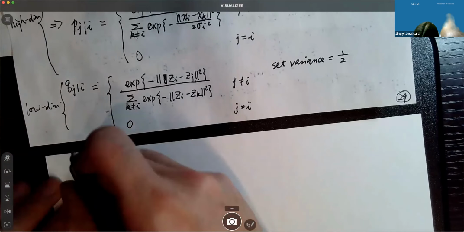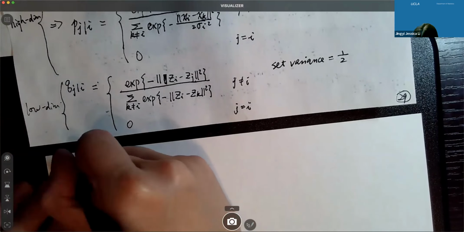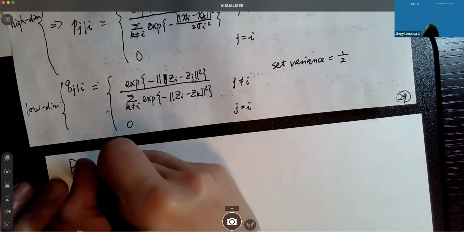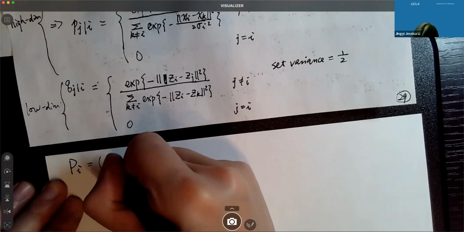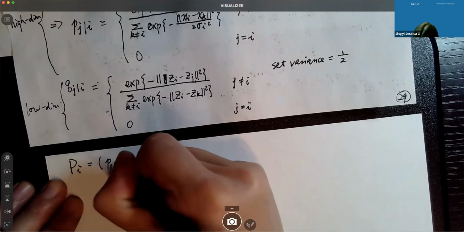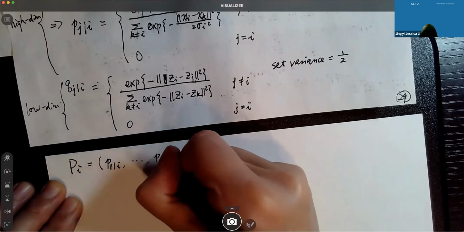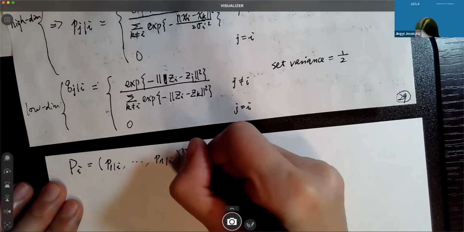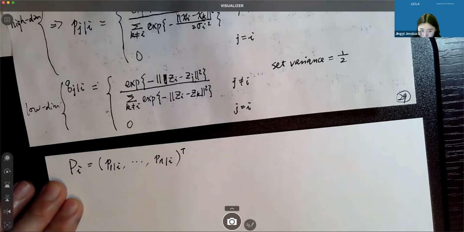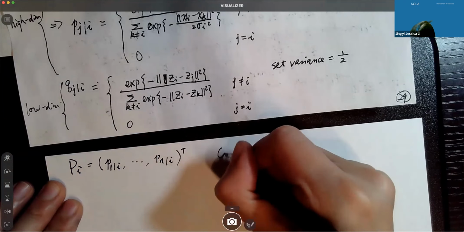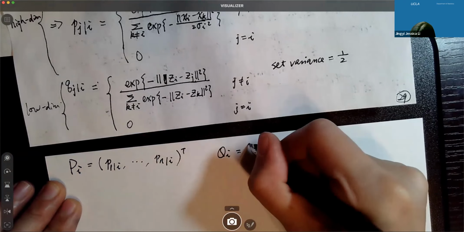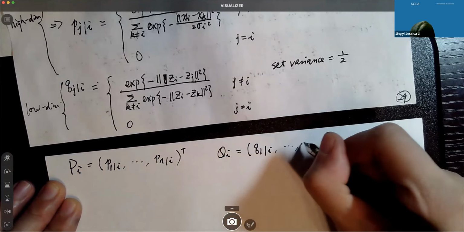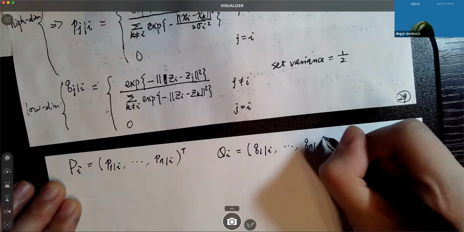So we define the vector P_i, capital P_i, basically as the vector of the probabilities 1 given i to n given i, right? We let j vary from 1 to n. It's a column vector, so I put the transpose here. And Q_i is for the low dimensional space, q_1 given i to q_n given i, transpose.